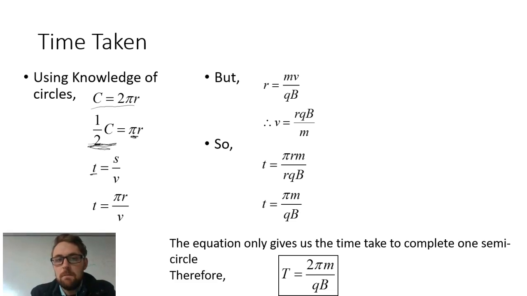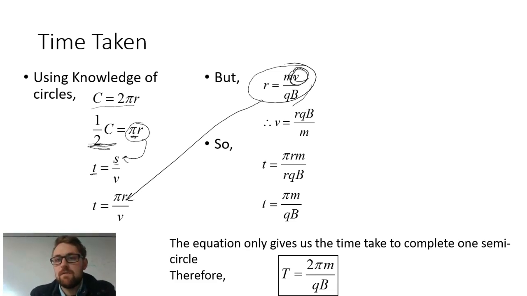Now we also know the time is equal to distance divided by velocity. And if I put this in for my distance, I get time equals pi r on v. However, I also know from a previous video that r equals mv on qb. Now I can put this straight down to here. And, well, actually, the first thing I'm going to do is I'm going to rearrange so v is by itself.